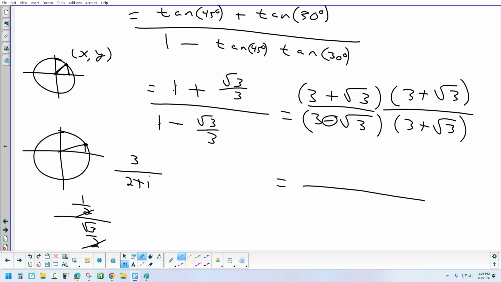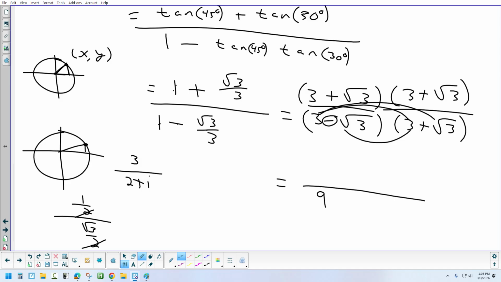Okay, start in the bottom. 3 times 3 is going to give me how much? Yep, 9. What about 3 times root 3? Yep, 3 root 3. And what about 3 times negative root 3?